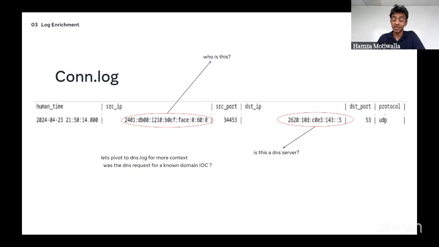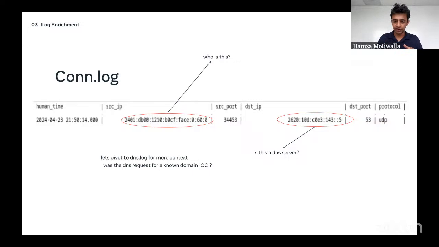But let's go one step further and say that the DNS request was made for a known domain, an IOC. We know that that domain is malicious and it's an indicator of compromise, which means that we need to investigate this alert more.